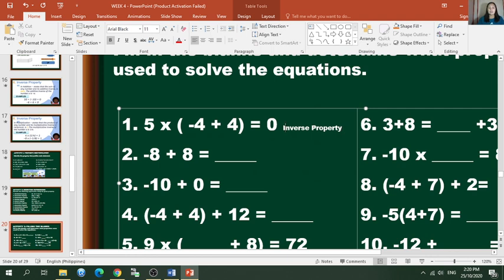Next, for number 2, negative 8 plus 8. Your answer is 0. Okay, what property is used in number 2? That is inverse property.